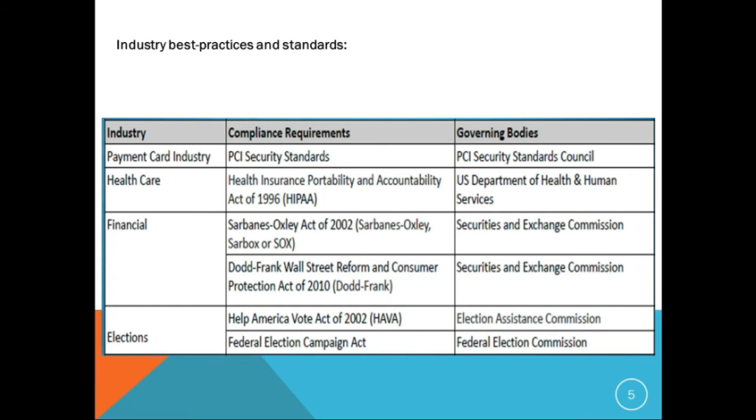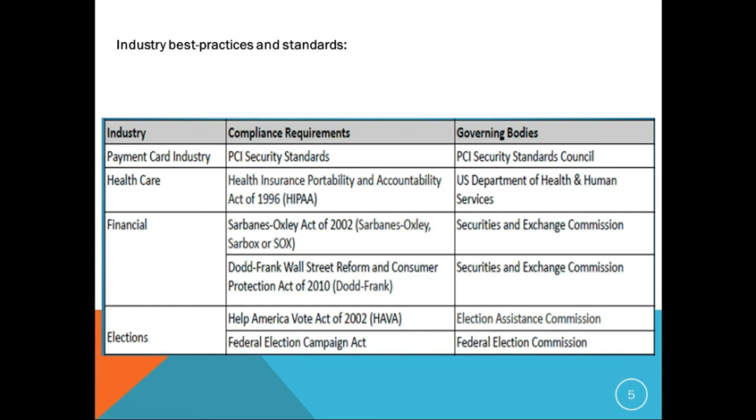This ensures that whatever information you take from the customer to take the payment or do a financial transaction must be kept secret and not shared with any other person. For this, there is the PCI Security Standards Council, which is the governing body that looks after this kind of compliance.